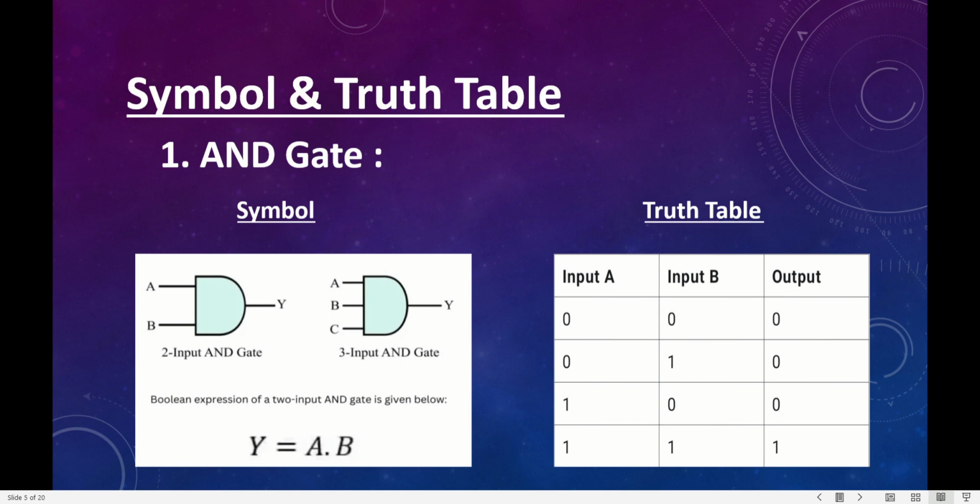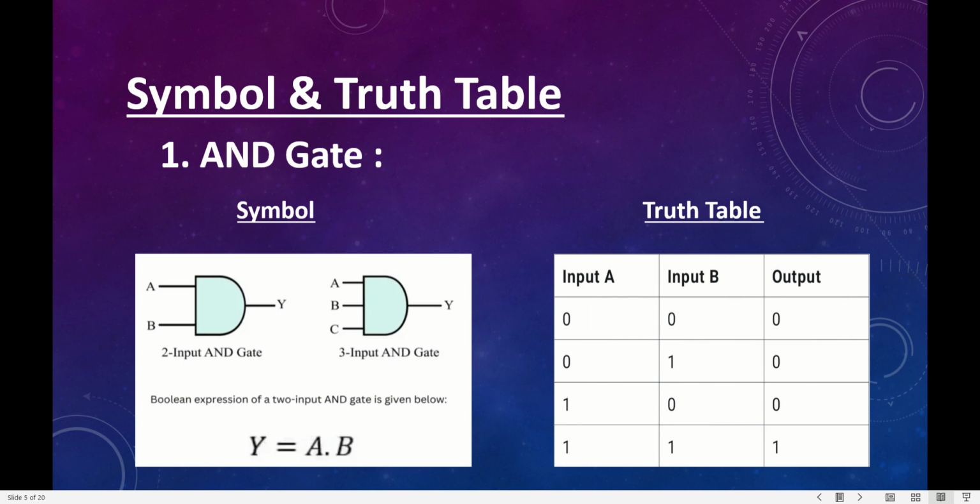So the input A and input B in the first row of the table are 0 0, then the output is also 0. Then one input is 0 and the other input B is 1, then the output is also 0.